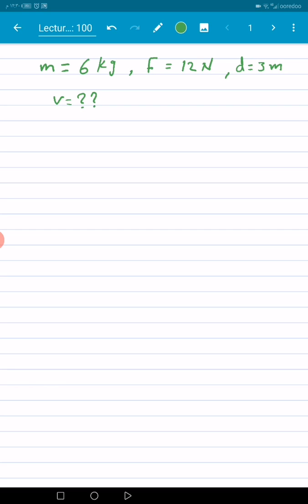So here he wants V, so that means V is in kinetic energy, so that means half mv squared. That is number 1. Number 2, F and D means the work.